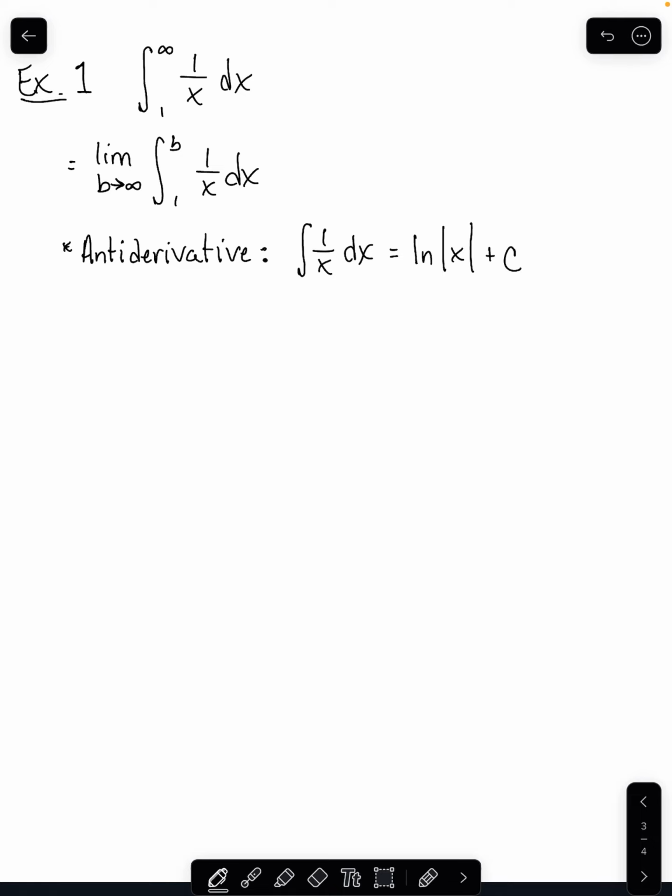Now, normally, of course, we have a plus c, but this being a definite integral, we can ignore the plus c and make our lives a little simpler. Now, that being said, we also know that for our interval from 1 to b, x is always going to be positive. So in this case, we can drop the absolute value as well.